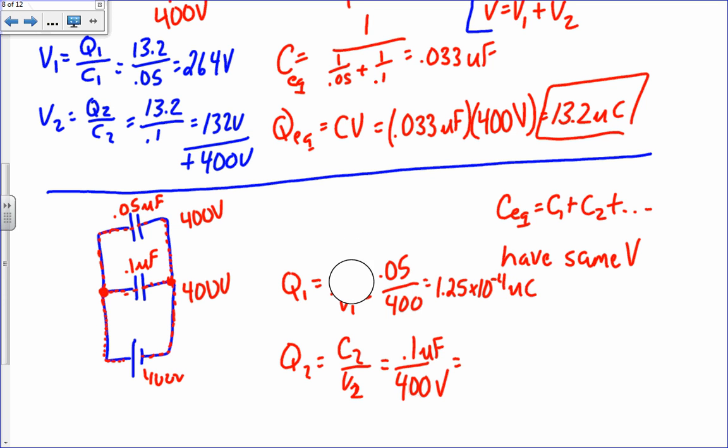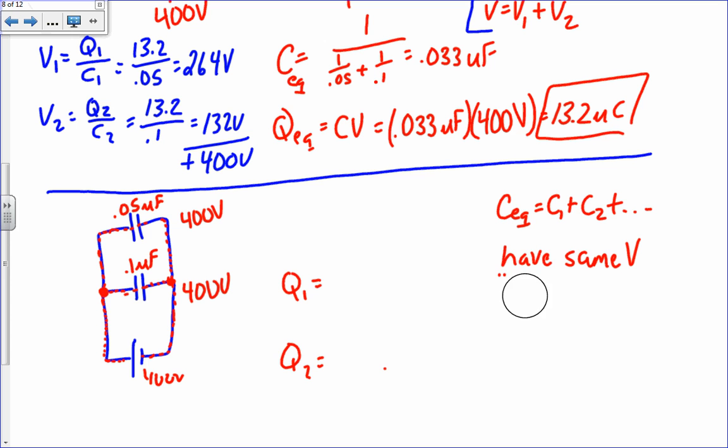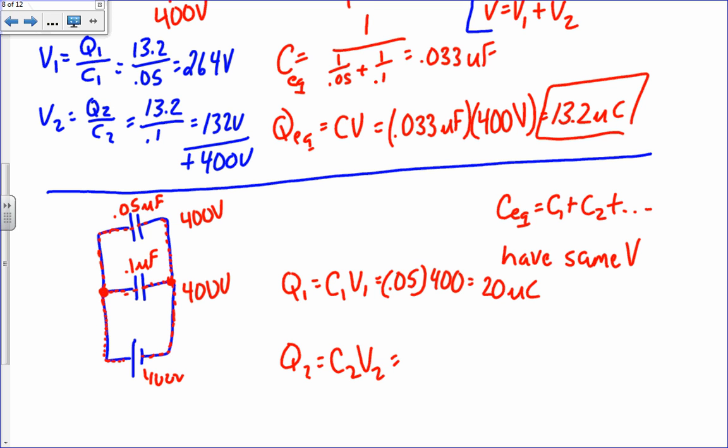That's not right. Sorry about that. This is Q1 equals C1 V1, Q2 equals C2 V2. All right, so C1 is 0.05 times 400. That's 20. And then 0.1 times 400 is equal to 40 microcoulombs.